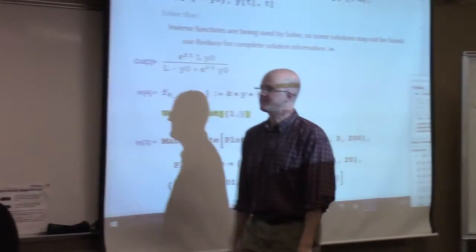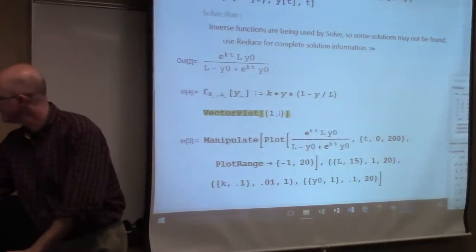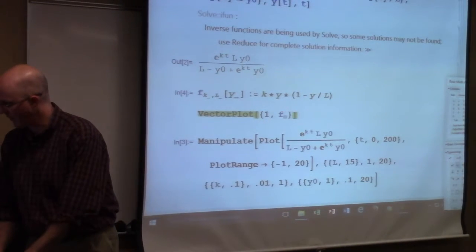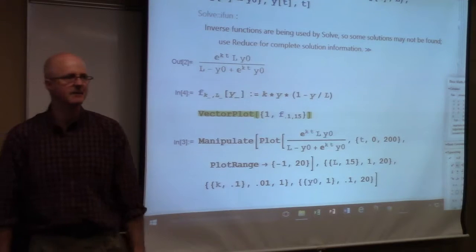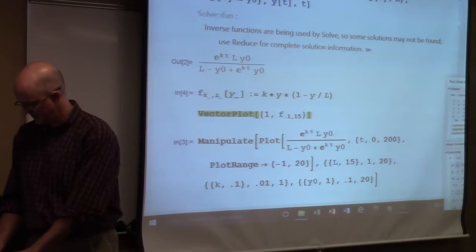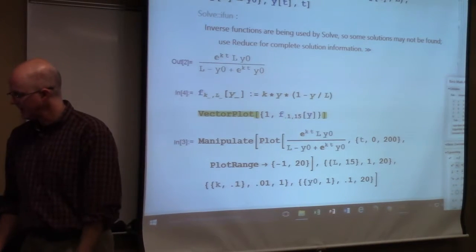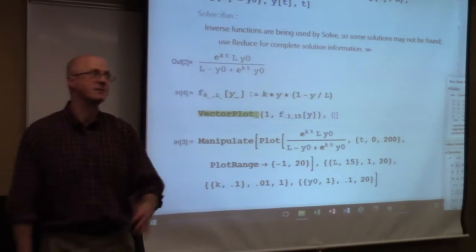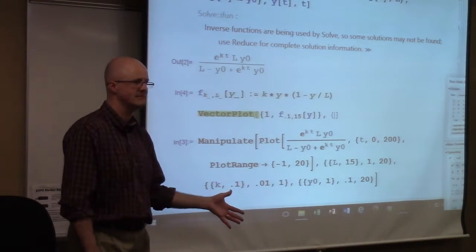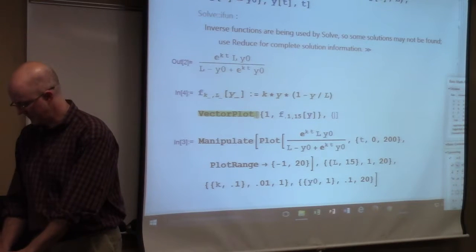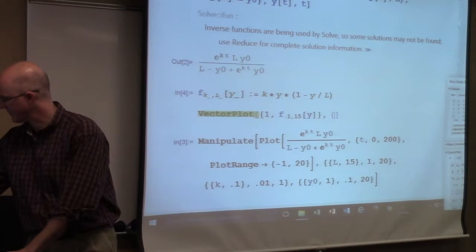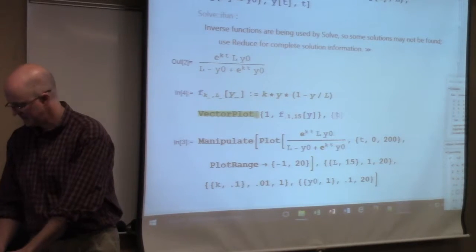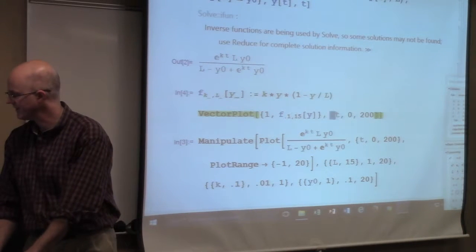Let me pick something specific for k and l. For example, I could pick k to be 0.1 and l to be 15, just like in the animation. You plot this over a range of values for both t and y. For example, t goes, like in this plot here, maybe from 0 to 200. T, 0, 200.